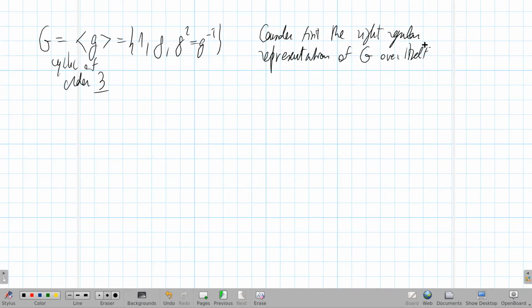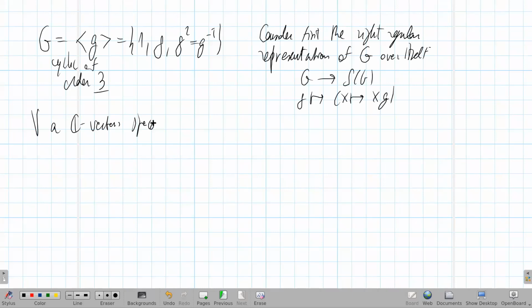So recall, this is a map from G to the group of permutations over the set G, where x is sent to xg. And so you consider a vector space of dimension 3 with basis V1, Vg, and let's say Vg squared.